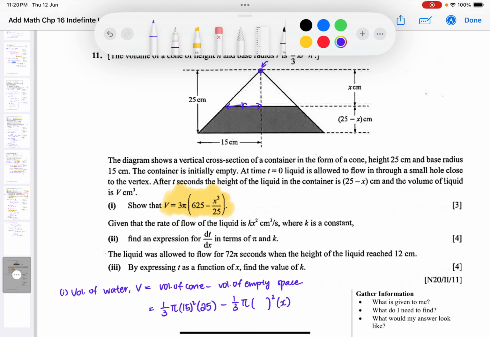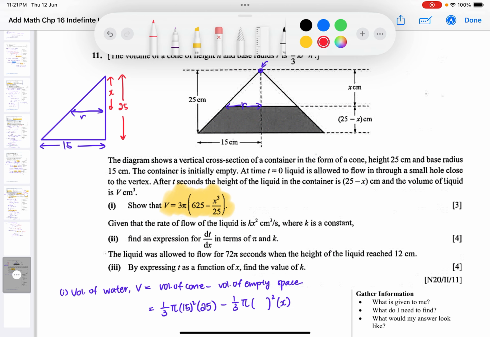Okay, and by this time you should have registered that there's actually similar triangles involved, right? We have been doing this many times, isn't it? Okay, so if you can't see it, then I'm going to draw it out for you to see. Okay, great. So this is 15. This is the unknown radius that I want, and then I know that this is x, and this whole thing is 25.